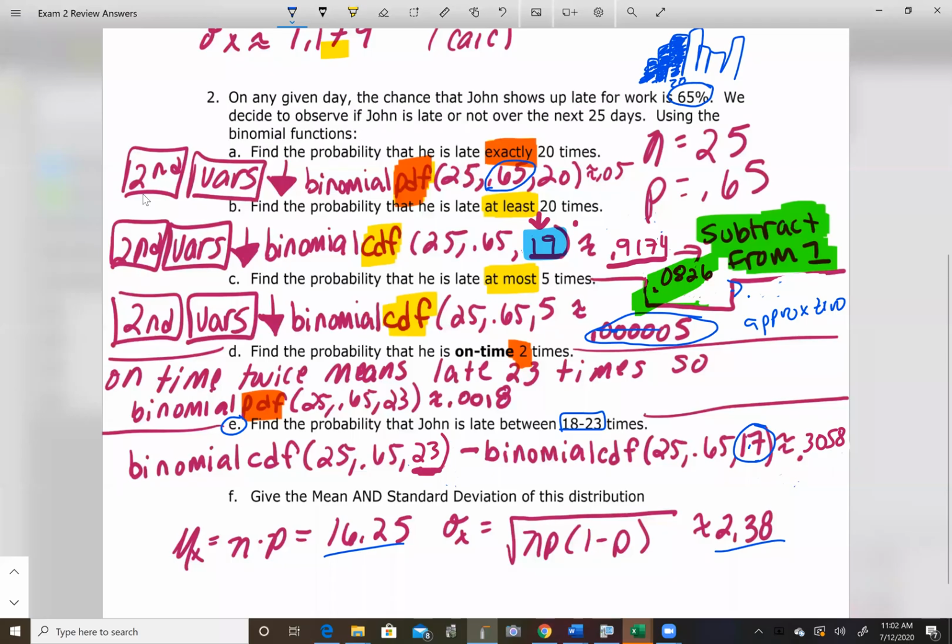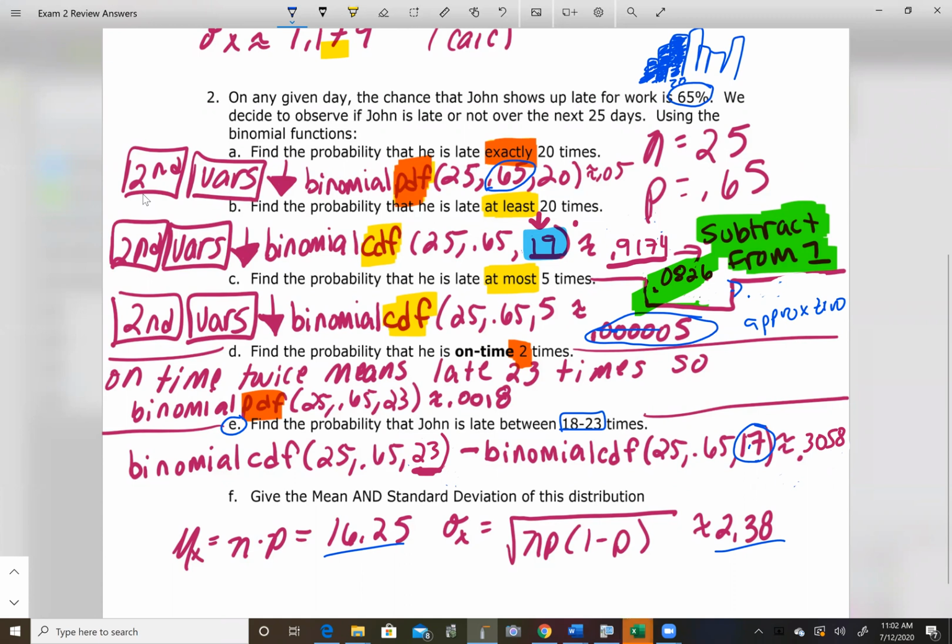Okay. Good. Now, find the probability that he is late at least 20 times. And you see how I have that "at least" highlighted yellow and also CDF highlighted yellow.